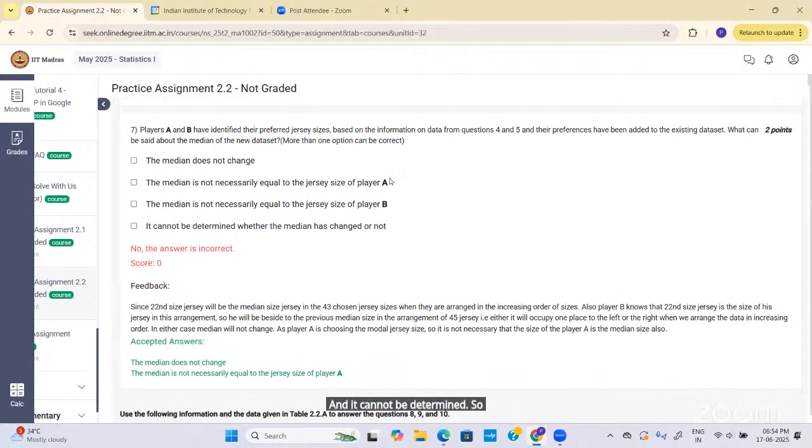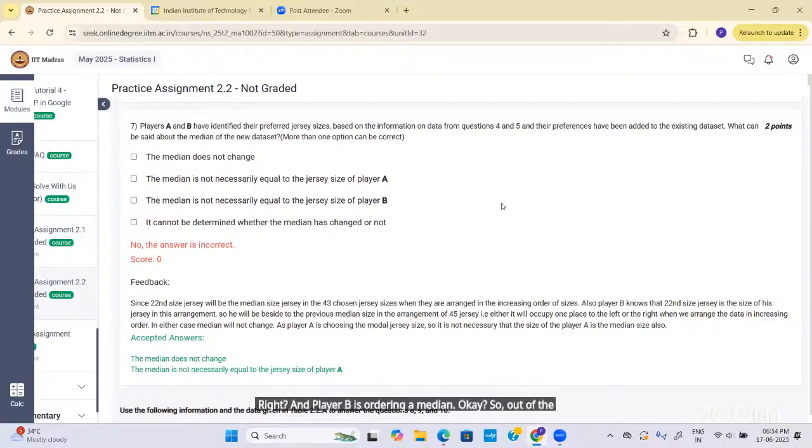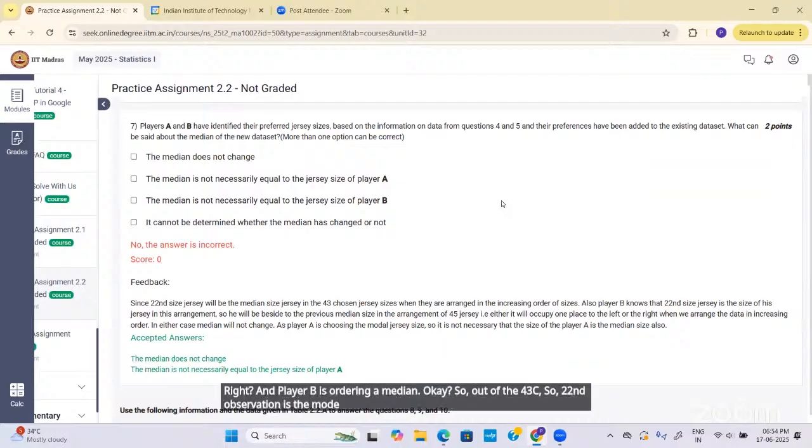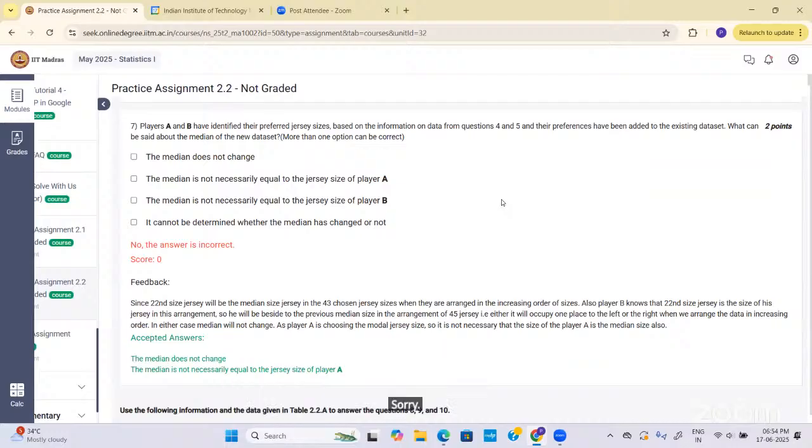So player A is ordering the mode, right? And player B is ordering the median. Okay. So out of the 43, the 22nd observation is the median. And player B is also ordering the same thing.